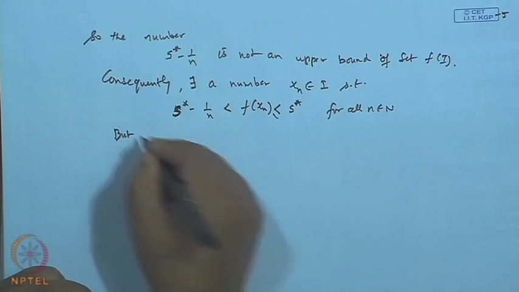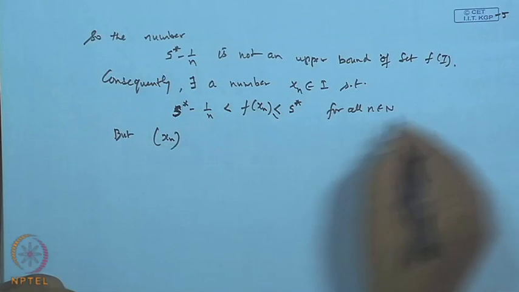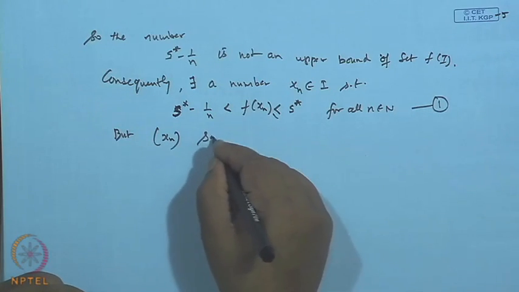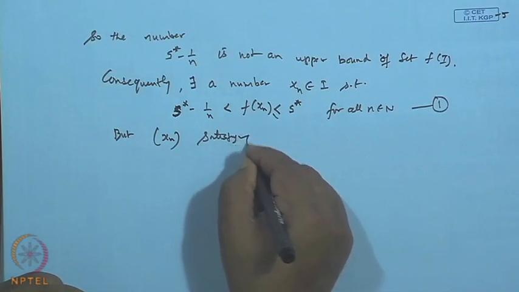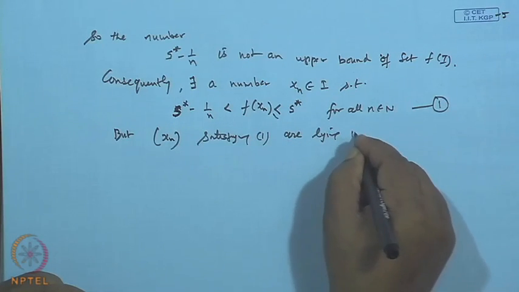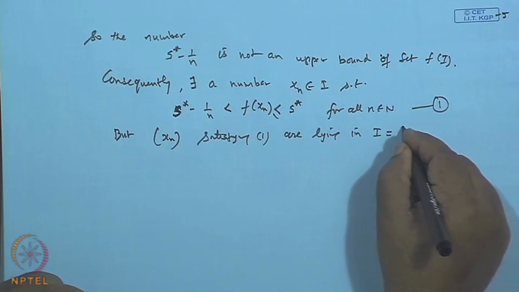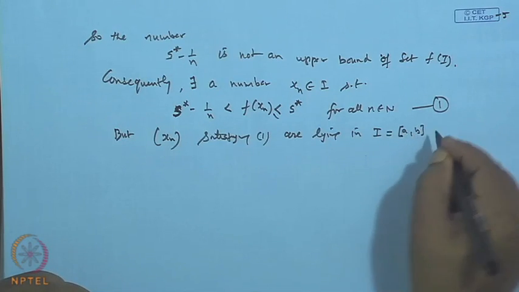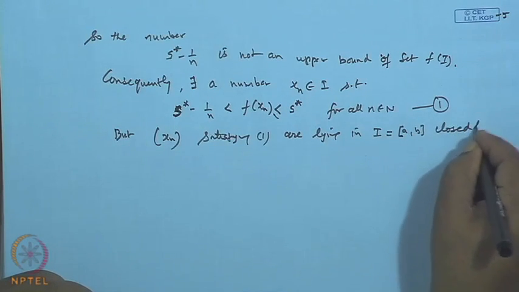Now, this sequence x_n satisfying the first condition lies in the interval I, which is say [a, b], a closed and bounded interval.